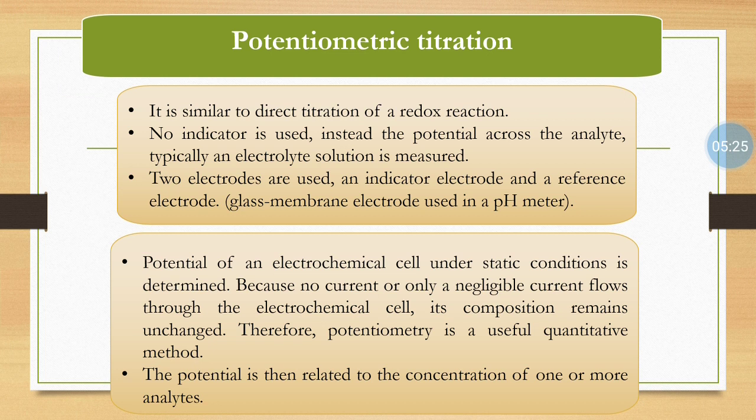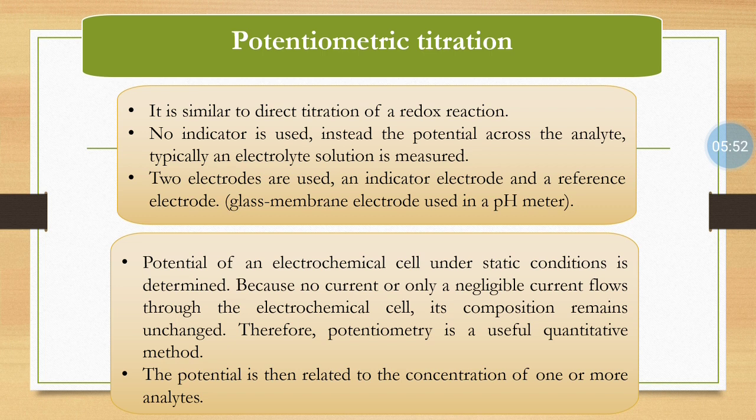Now, we shall learn briefly about all these techniques. First, we shall take up potentiometric titration. It is similar to a direct titration or a redox titration that we normally use in the laboratory using a burette and conical flask, etc., where we need to use a suitable indicator.